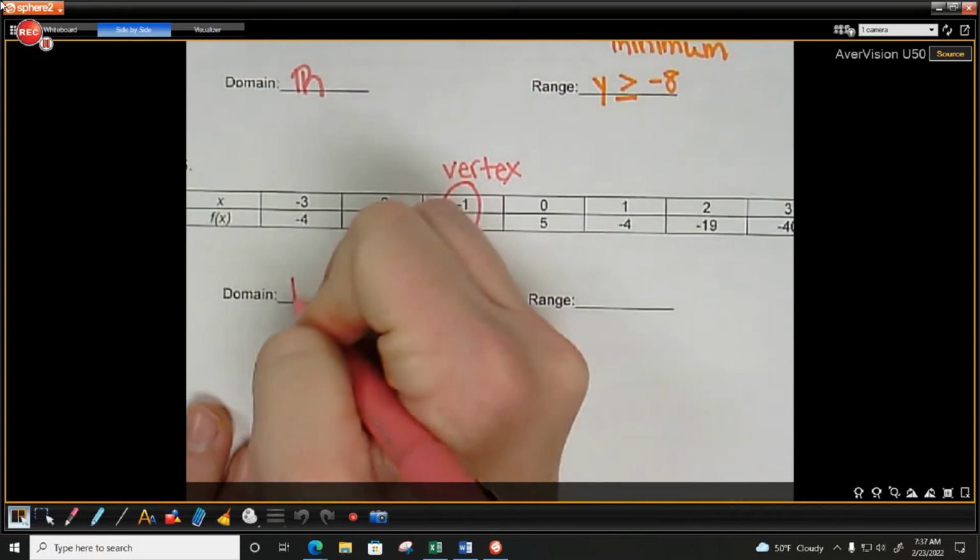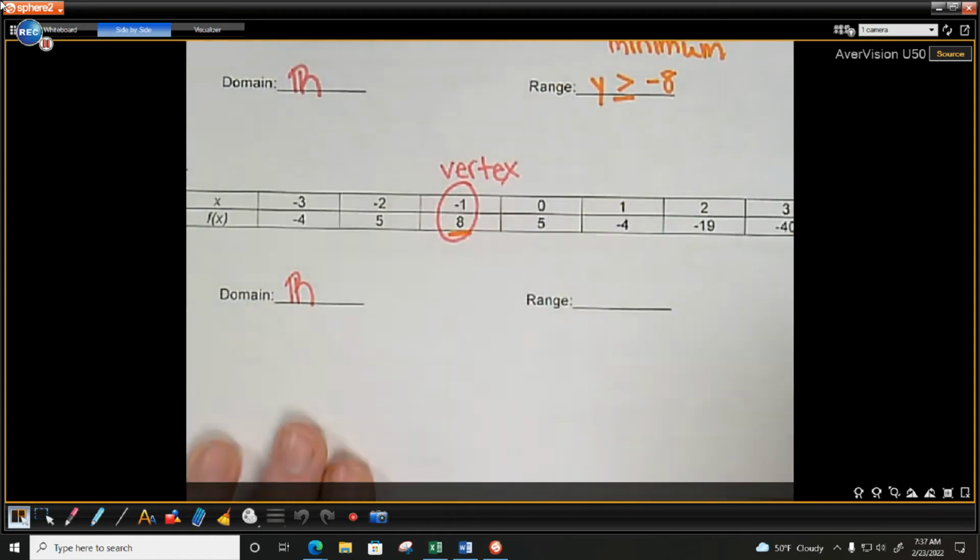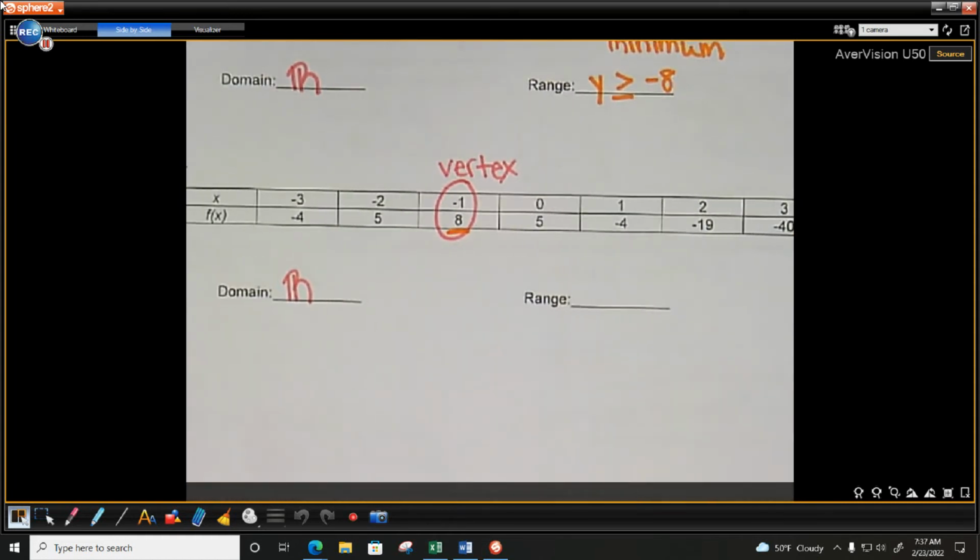Now I need to determine if that vertex is a min or a max. We're going to look at the y value. Is 8 the biggest number or the smallest number on the table? It's the biggest. So if 8's the biggest, is that a min or a max? That's a max. Max means big.